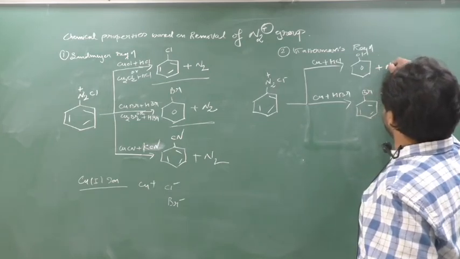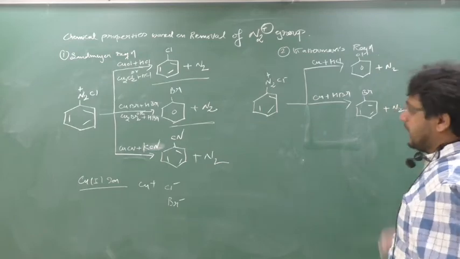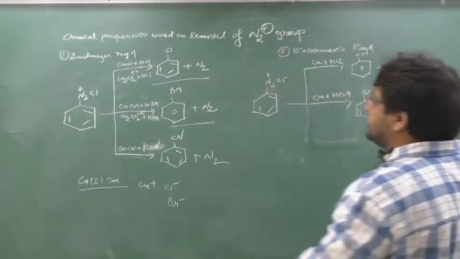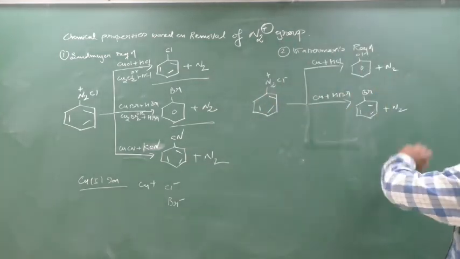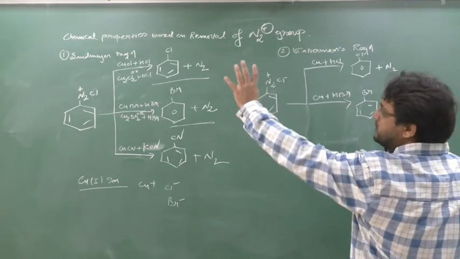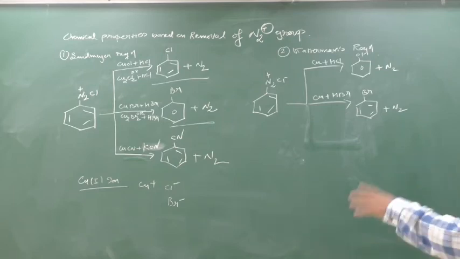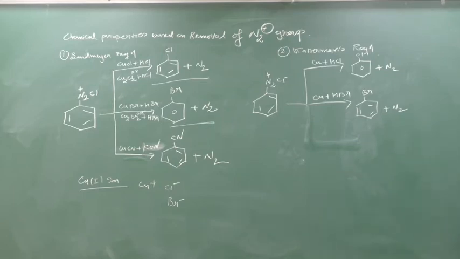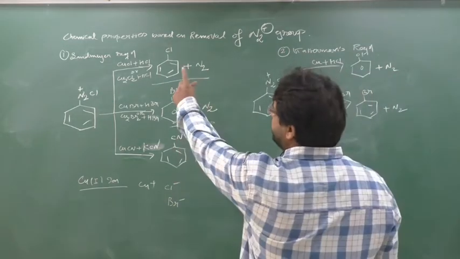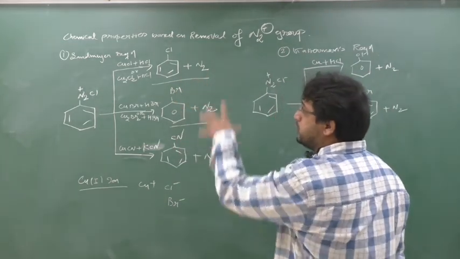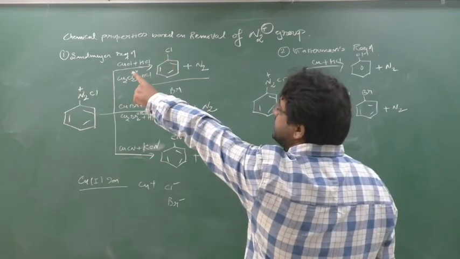Plus N2. Now, you are running an industry, preparing chlorobenzene and bromobenzene by both methods. Which reaction will you select, Sandmeyer or Gattermann? Practically it is observed that the production of chlorobenzene and bromobenzene is more when the Sandmeyer reaction is followed.